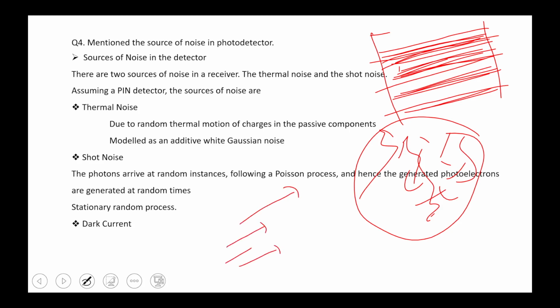That's why this is shot noise. Like the quantization we have in communication, with some quantization step size. In the photodetector, the light will be focused on the photodiode, and it will generate electron and hole pairs on the receiver side. Some will reach fast, and some slow, and due to that noise will be generated. It is shot noise.